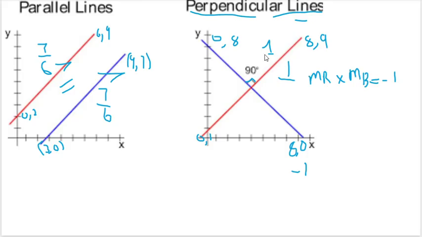The gradient of red we had as 1, while the gradient of the blue one we had as negative 1. 1 times negative 1 gives us negative 1. Therefore, these lines are perpendicular to each other. So for parallel lines, the gradients are the same. For perpendicular lines, when you multiply both gradients, it must give you negative 1.